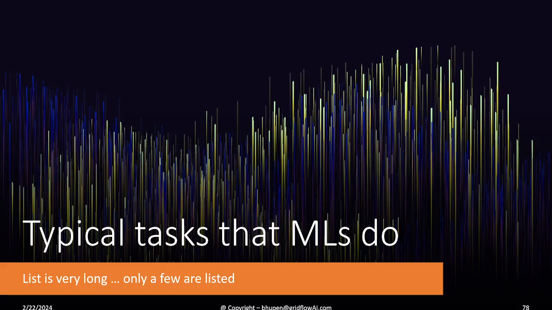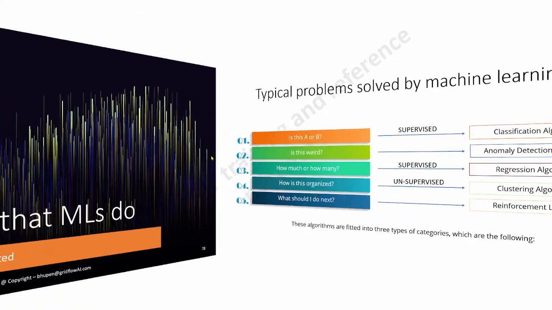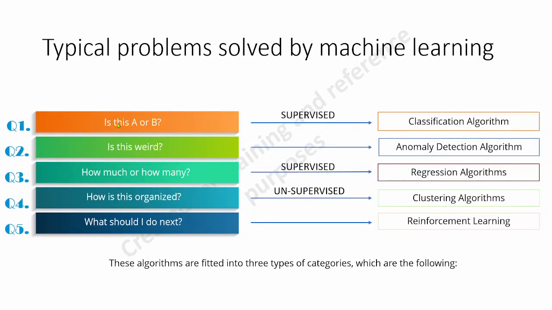Okay, so let's summarize typical tasks that machine learning algorithms actually do. We have discussed quite a lot about what machine learning algorithms can do and how they do it. So now it's time to summarize some of the typical tasks. For example, is this A or B? That means we are asking whether this particular data belongs to class A or B. Or is this data weird?